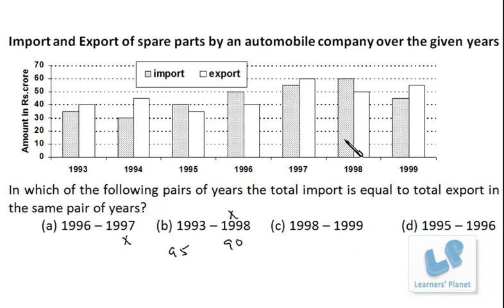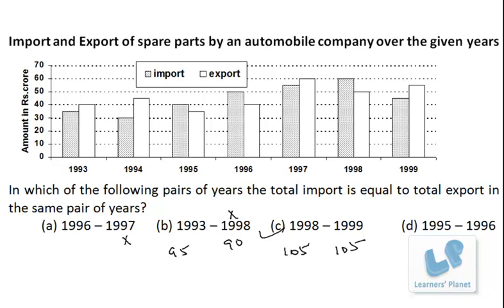In 98 and 99 the total import is 60 plus 45, that is 105, and in these years the export is 50 plus 55, so it is 105. So in this case it's the same, so this will be the correct choice, no need to check further.